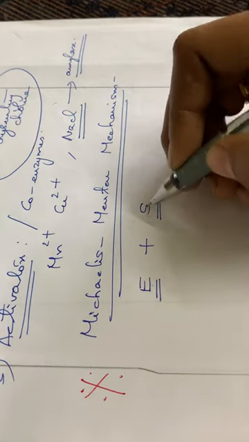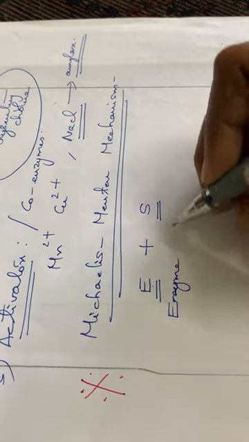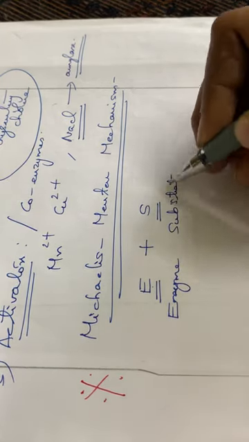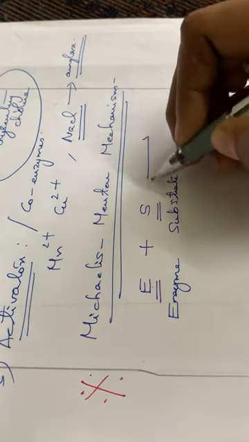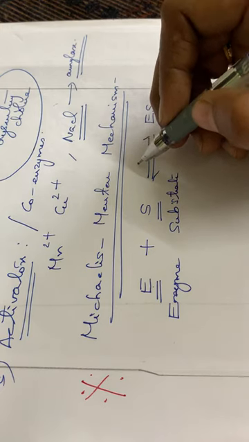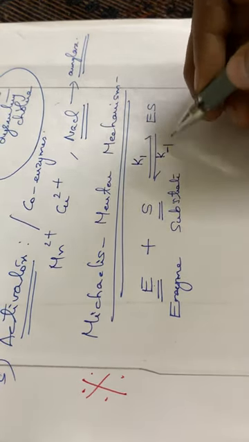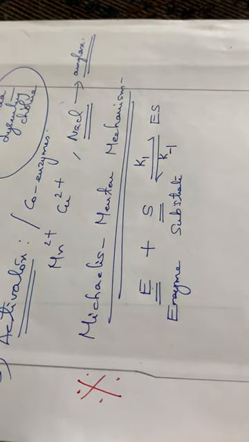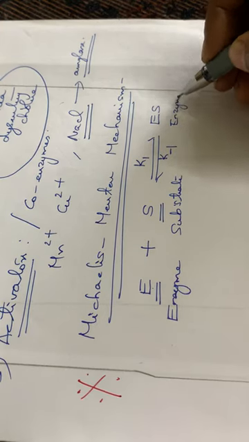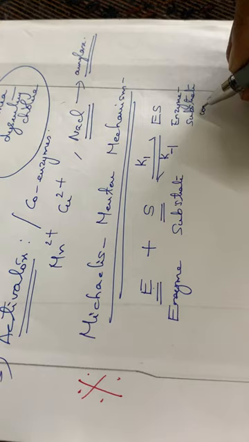So the enzyme reacts with the substrate molecule, and while this reaction goes on, an enzyme substrate complex is formed. We write the forward reaction rate constant as K1, and the backward reaction rate constant as K inverse. So this is the enzyme substrate complex.